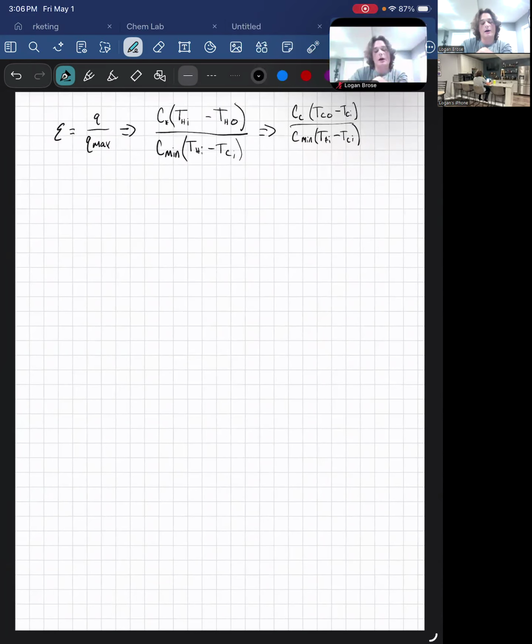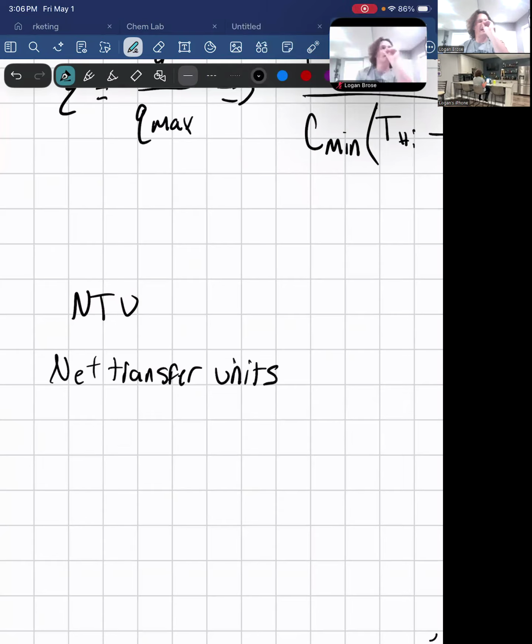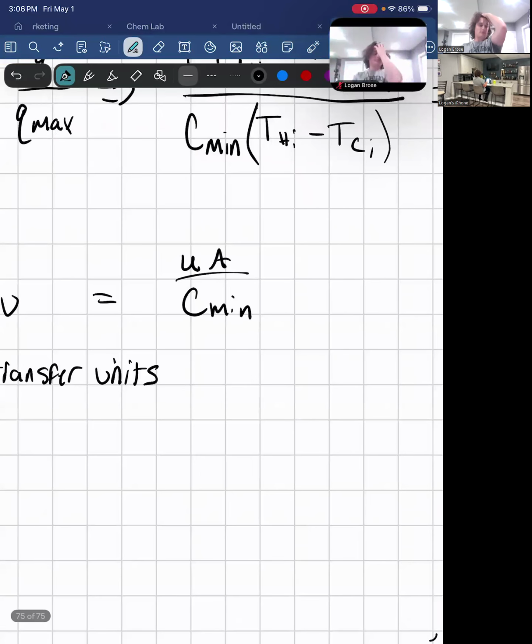And then with this, we can relate it to our NTUs. An NTU is the number of transfer units, and this equals our UA over C min. This is a value that will pretty much be given to you if you buy a heat exchanger or your company has a heat exchanger.